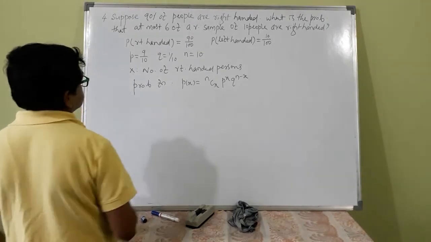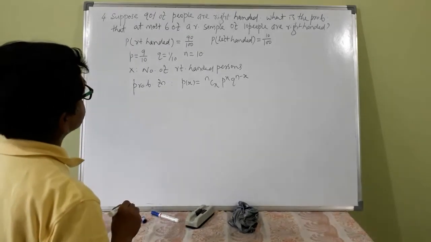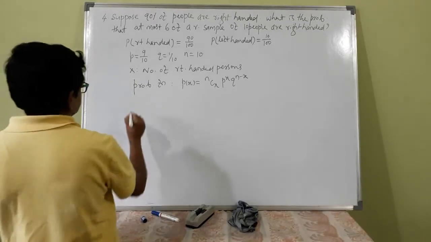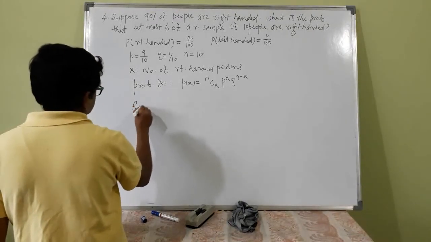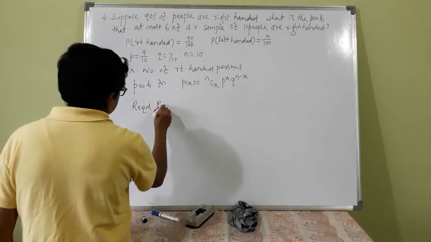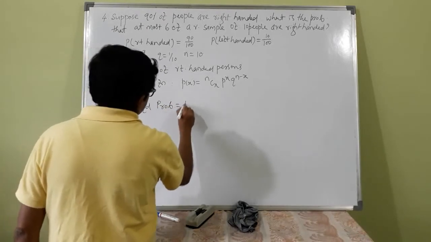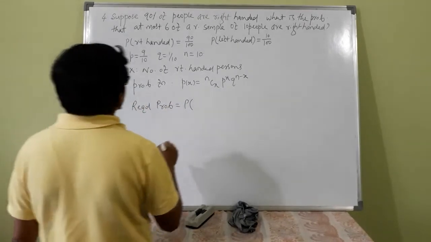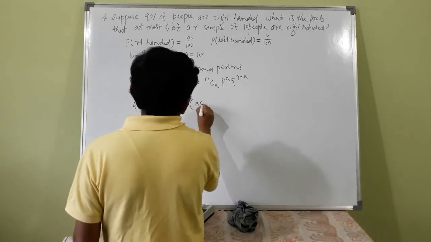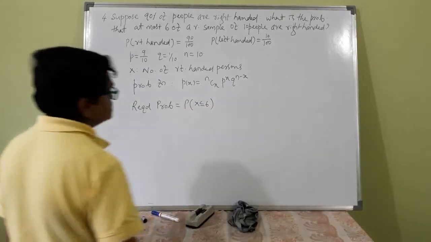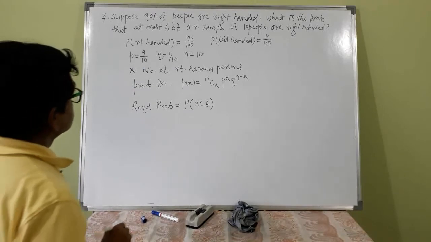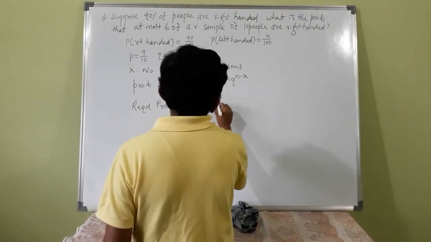See, what is the required probability? It is at most 6. Maximum is 6, means less than or equal to 6.